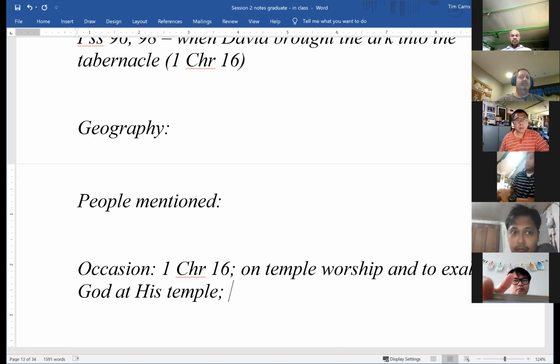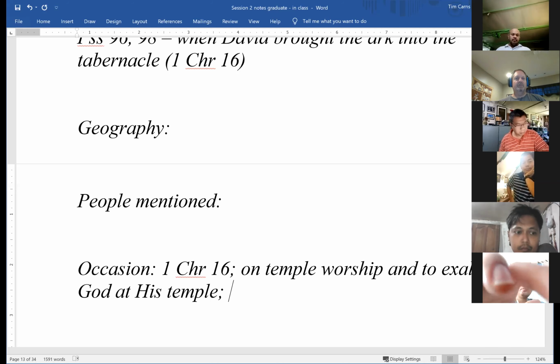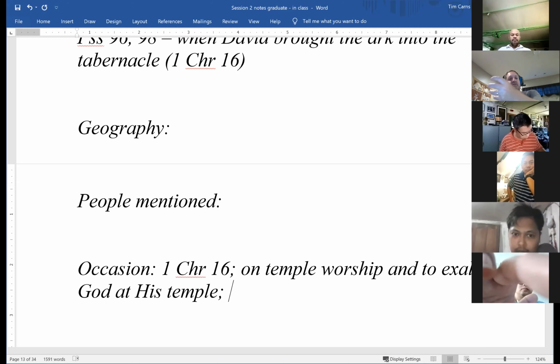And I think here in Psalm 99, based on our understanding of 1 Chronicles 16, we're given a strong indication of the occasion for this particular psalm. The emphasis and focus is on worship and exaltation of the greatness of God, and likely during the time when his temple was being set up by David and the ark was being brought to it.